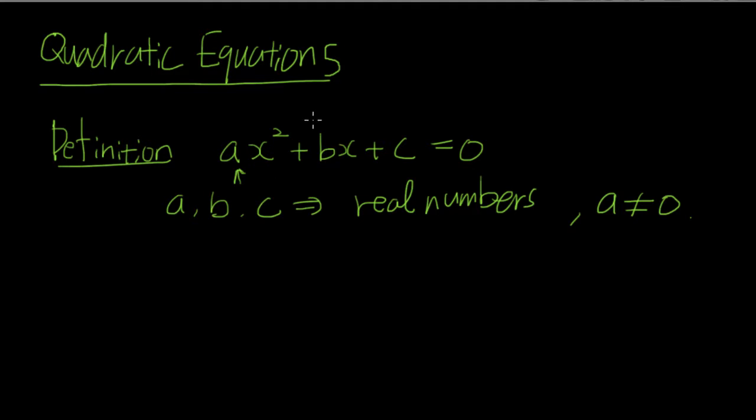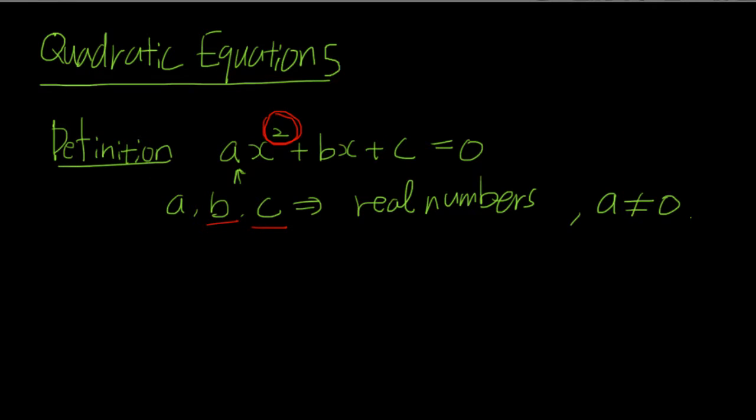Well, that's going to go to 0, and we do not want that. Quadratic equation, by definition, we have to have this x squared term, right? Notice that we do not have any restriction for b and c, which also means b and c can be 0.